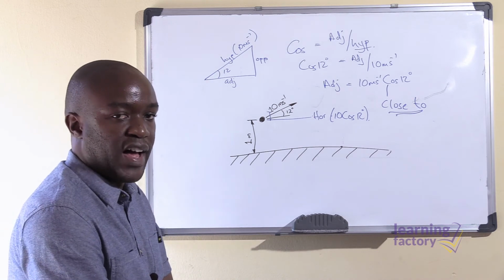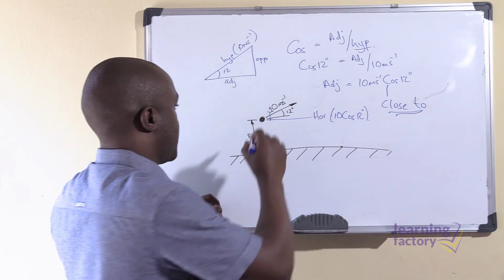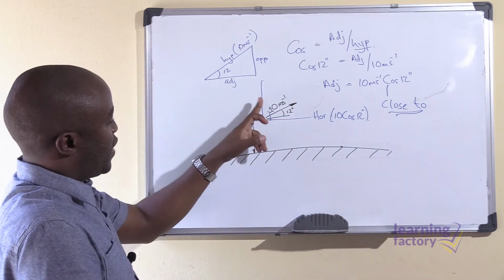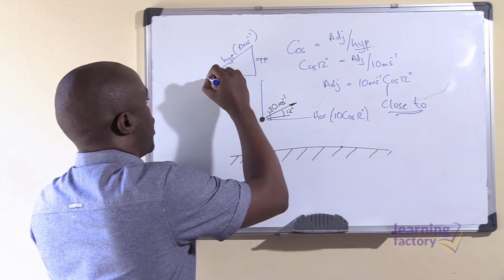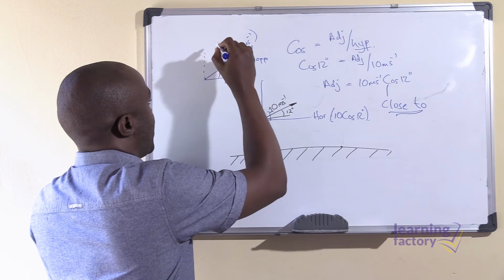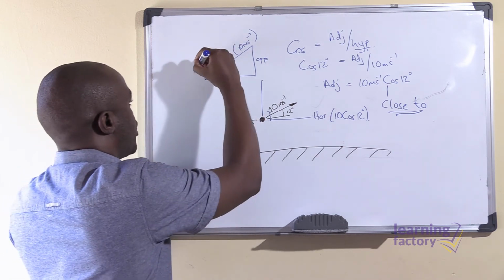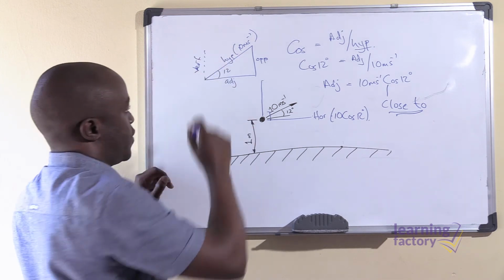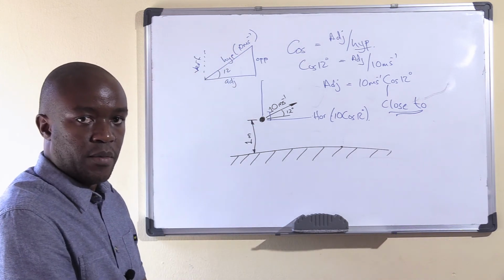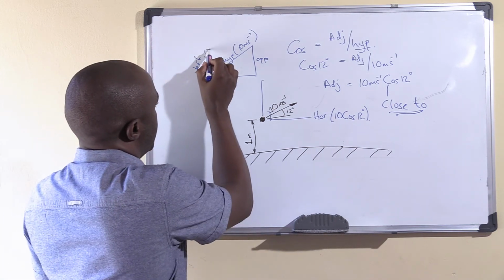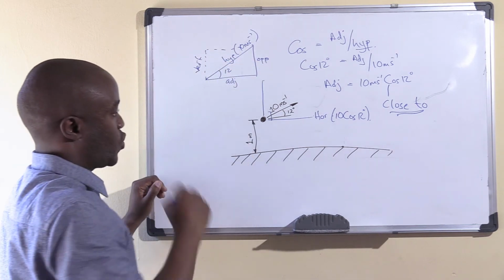If we wanted to find the vertical component, that vertical component on our triangle would be there. But given that it's a triangle, let's complete that and make it a square.